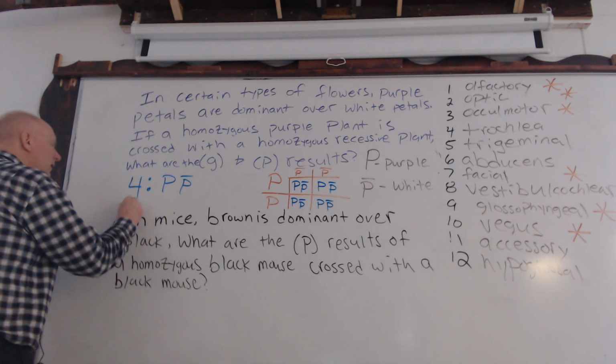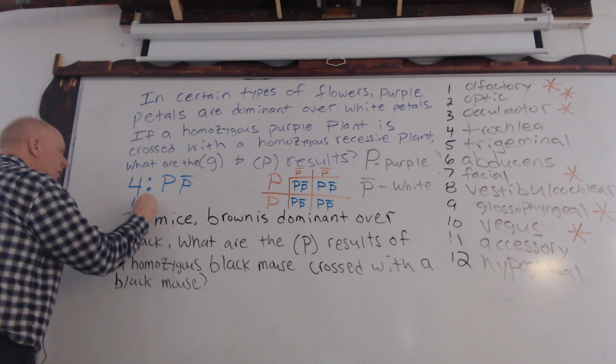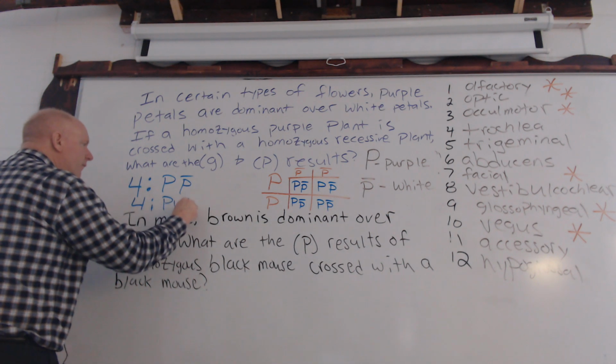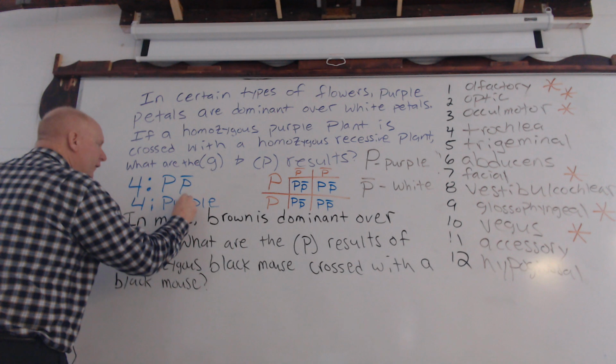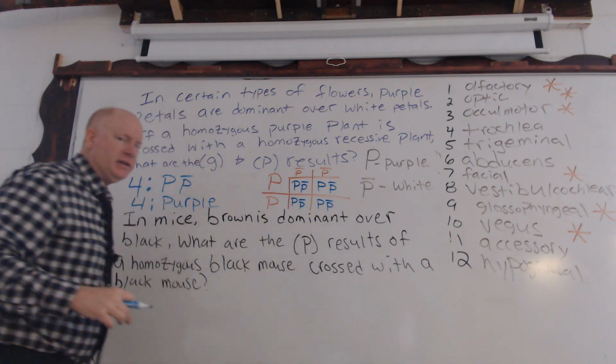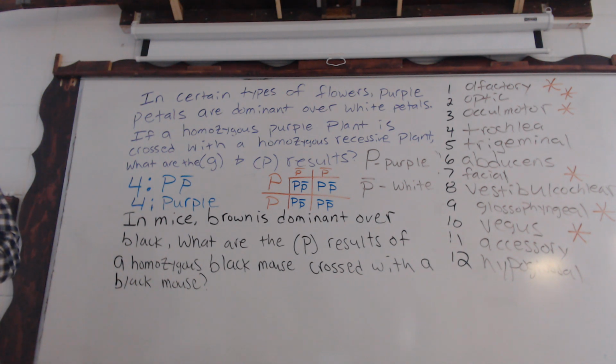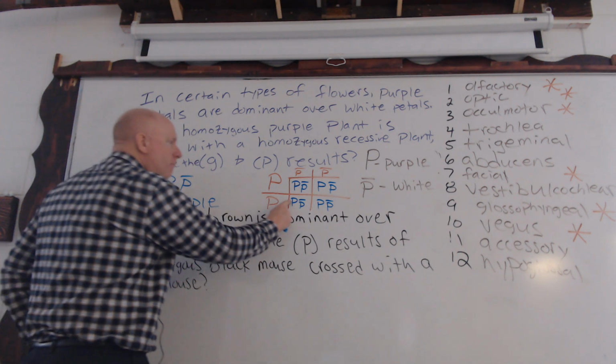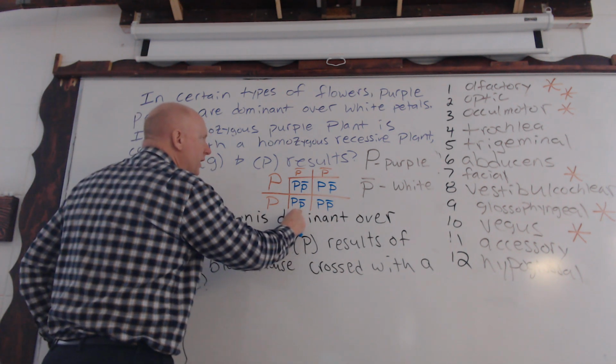So in that case, you would write purple. Now, the reason that's significant is even though that recessive trait is present, it's not being expressed. This masks over that recessive trait.